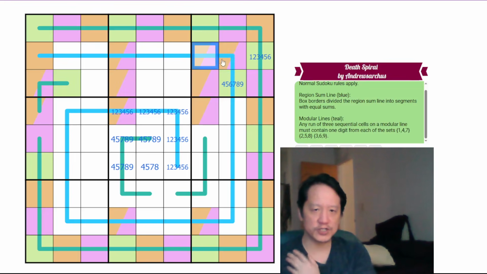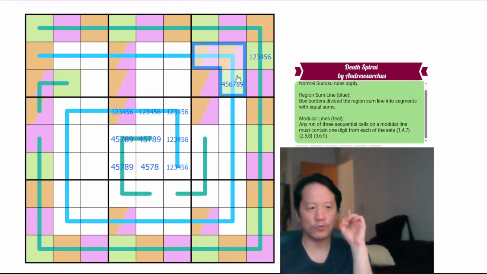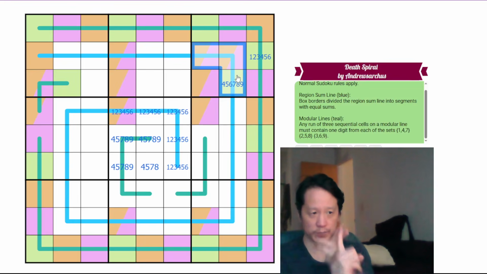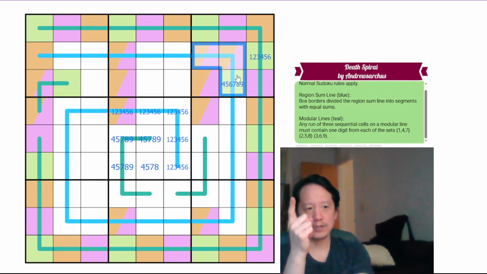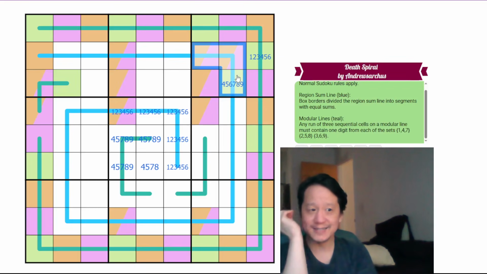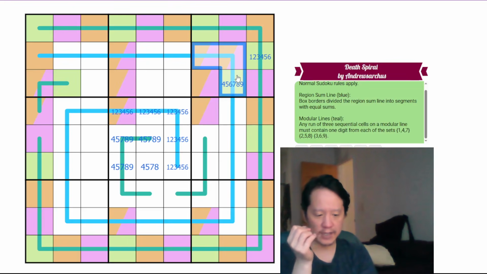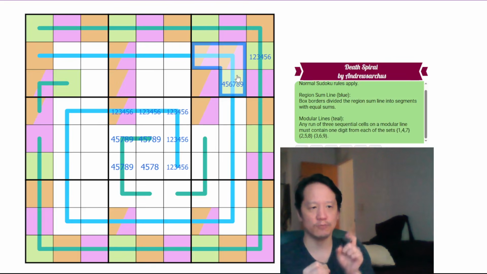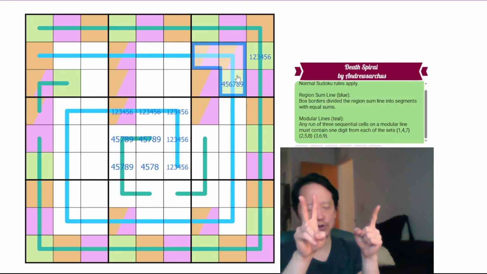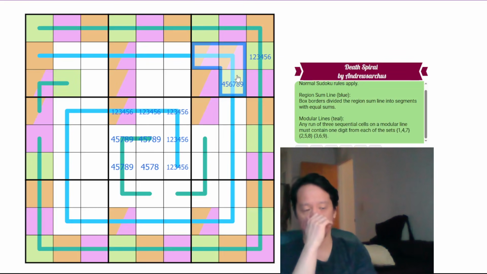You have one of each set here then. One would be orange and pink, and then you'd have a green. So that would guarantee 1 mod 3 plus 2 mod 3 plus 0 mod 3, which means they are adding up to a sum that will be 0 mod 3, right? Remainder of 1 plus remainder of 2 gives you 3, which is divisible by 3.